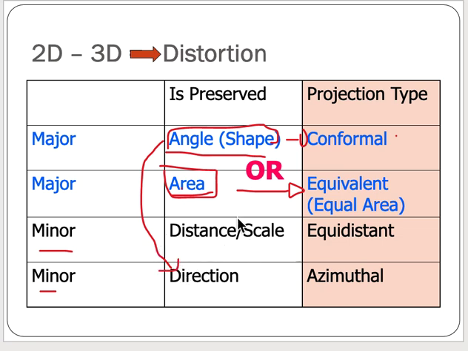And most of the time when you are trying to preserve an area of the map, so that we can see the real area of our region, we are also trying to maintain the distance of the scale. So when distance is preserved, it is called equidistant, and when direction is preserved, it is called azimuthal.